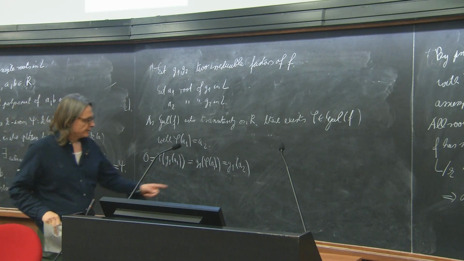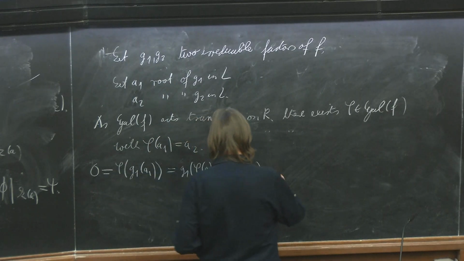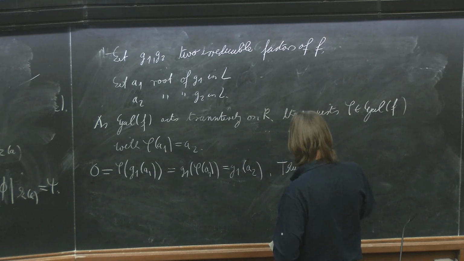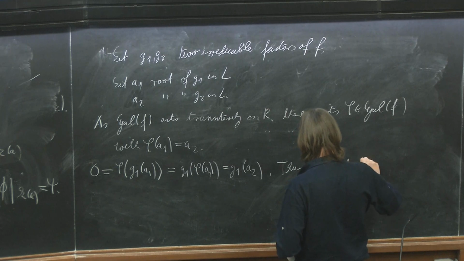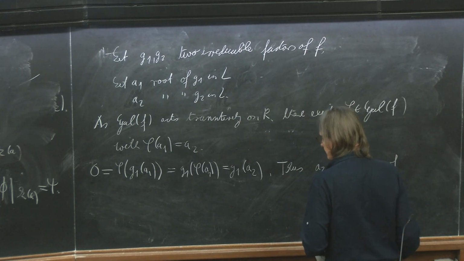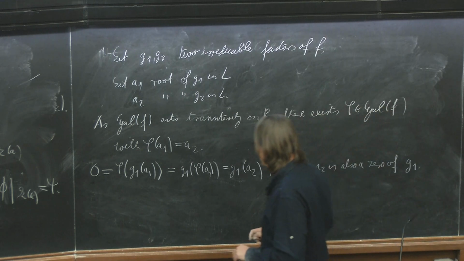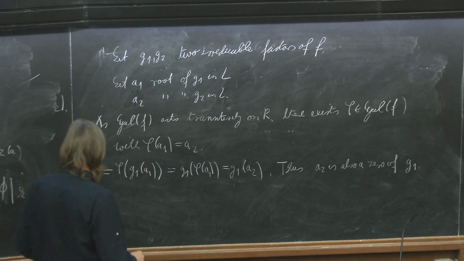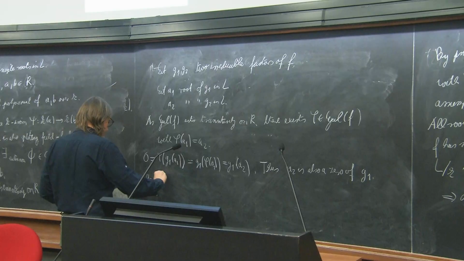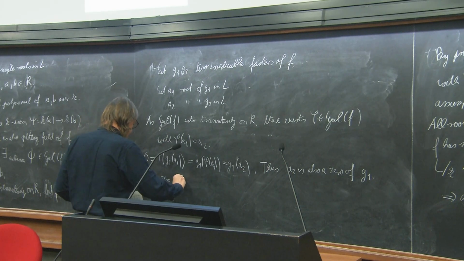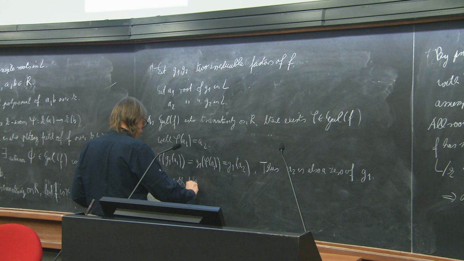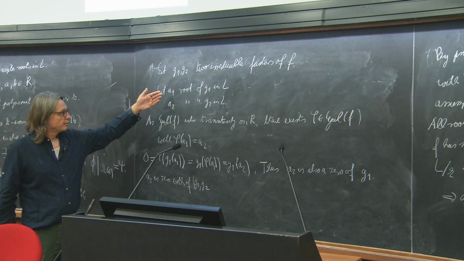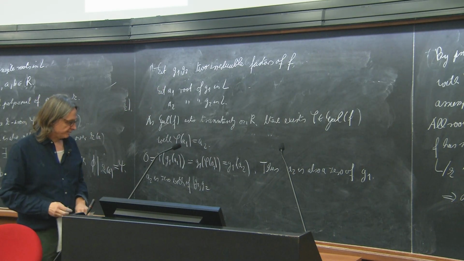So we see that also A2 is a zero of G1. So A2 is a zero both of G1 and G2. So it follows it's a multiple zero of G1 times G2 and therefore of F.